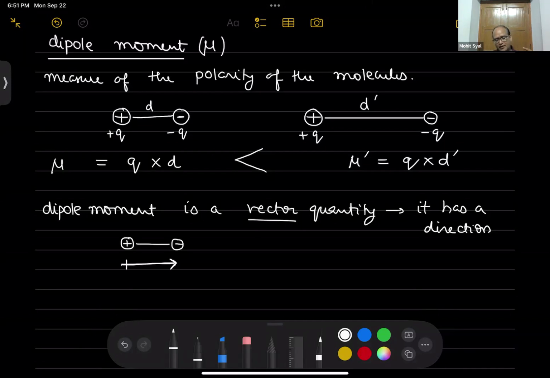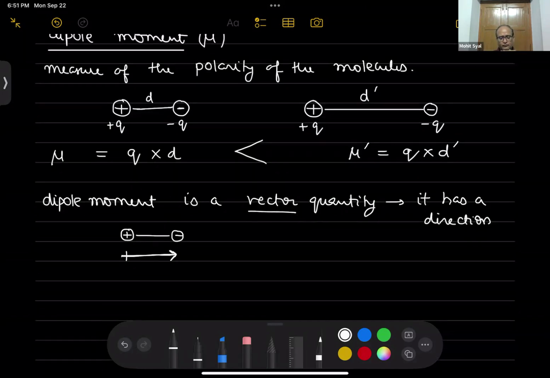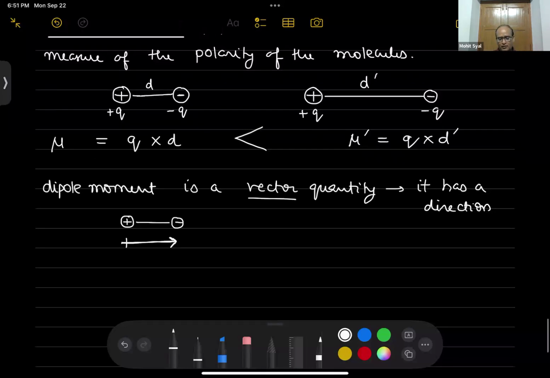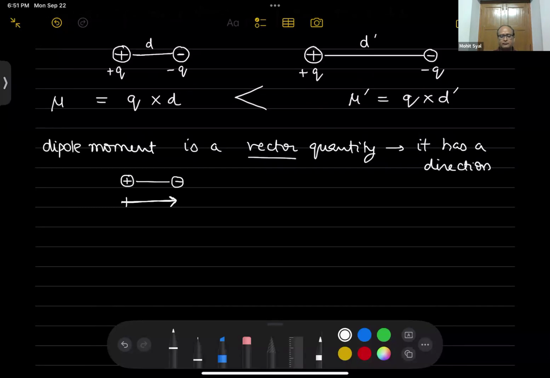It represents that the electron has moved from positive to negative. Wherever the electron goes, they have negative charge, and from where they come, there you have positive charge. So the direction of the dipole moment is from positive to negative. Got it. I hope it is clear to you.